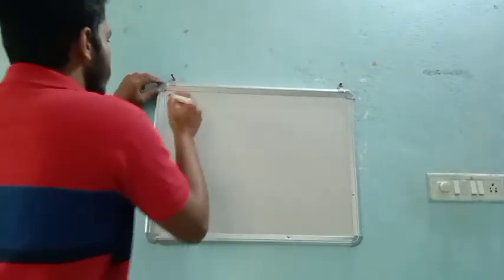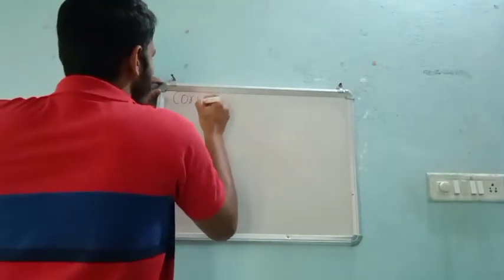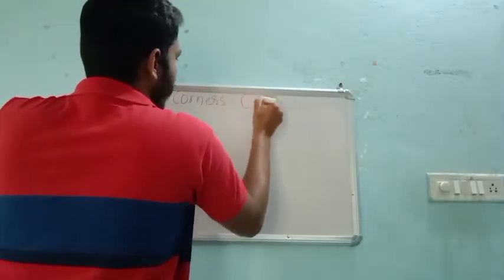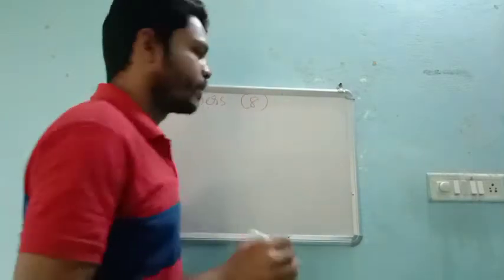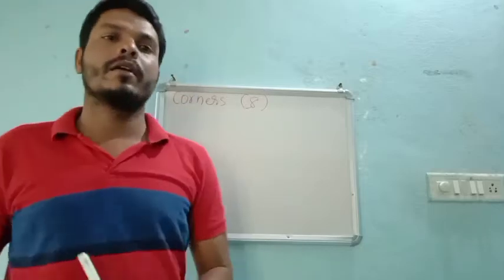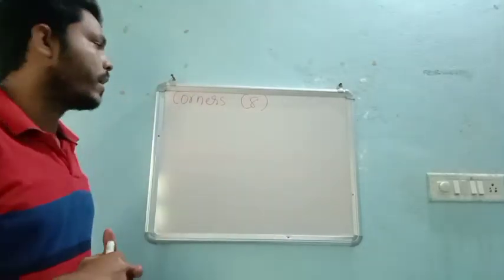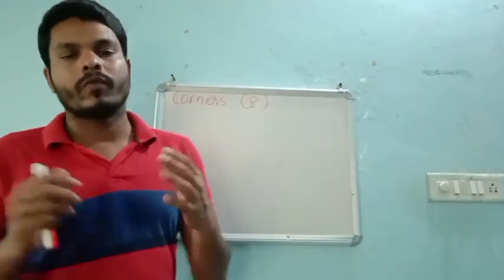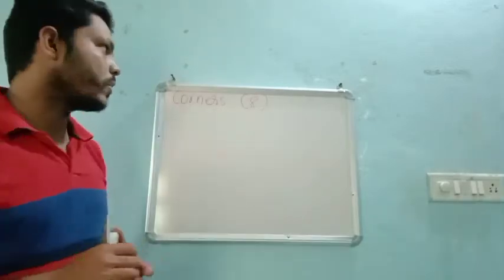Now first we will see the corner atoms. Don't forget there are 8 corners present in any unit cell. If you take a unit cell, there will always be 8 corners. To understand this, I will show you.